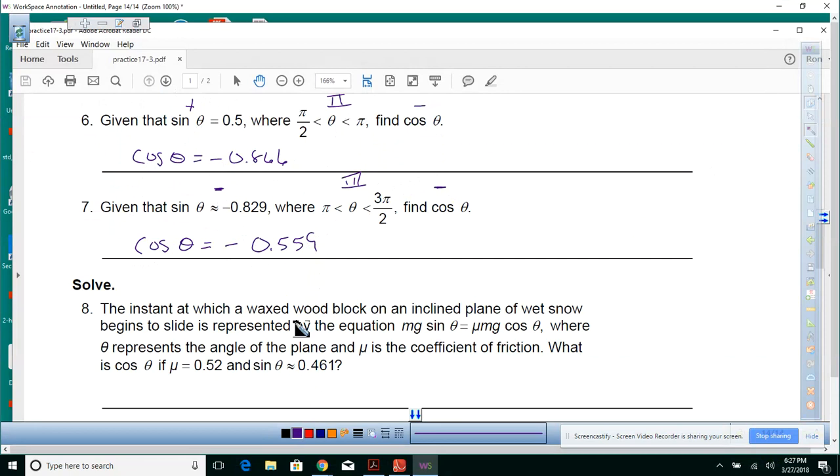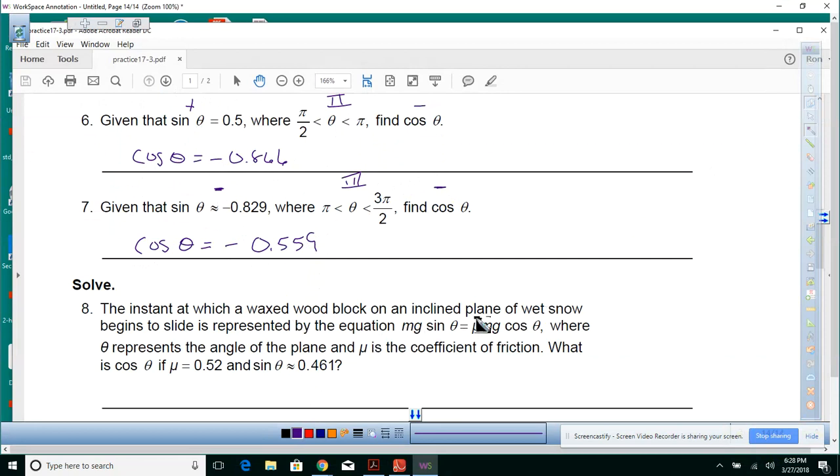Number 8, the instant at which a waxed wood block on an inclined plane of wet snow begins to slide is represented by the equation mg sine theta equals mu mg cosine theta, where theta represents the angle of the plane and mu is the coefficient of friction. What is cosine theta if mu is 0.52 and sine theta is 0.461?